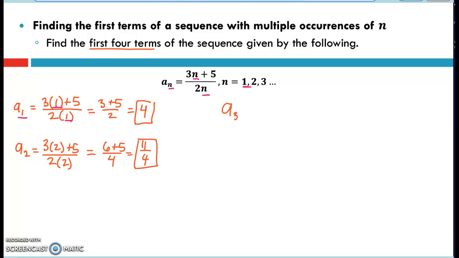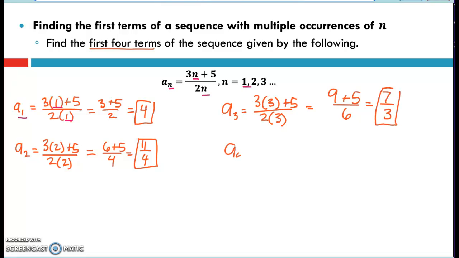My third term is going to be 3 times 3 plus 5 over 2 times 3. So it'd be 9 plus 5 over 6, which is equal to 14/6, which reduces to 7/3.